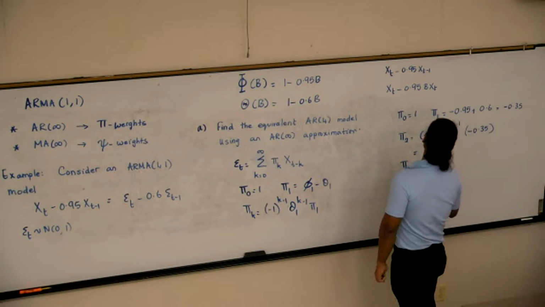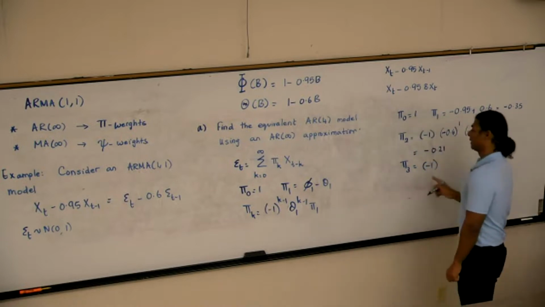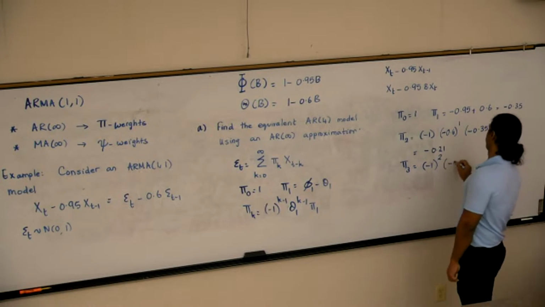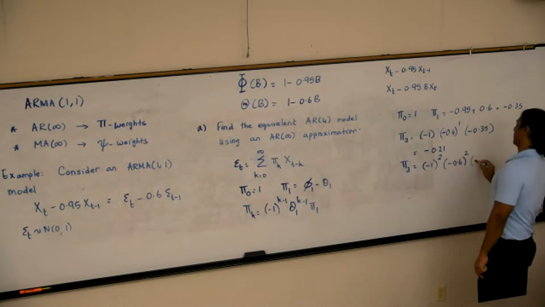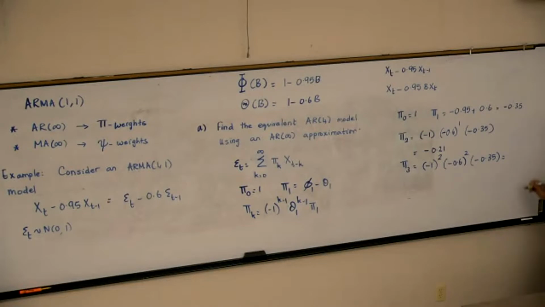Pi 3 would be negative 1 raised k minus 1, which would be 3 minus 1, so 2, minus 0.6 raised 2, multiplied by minus 0.35. What do we get? Negative 0.126.